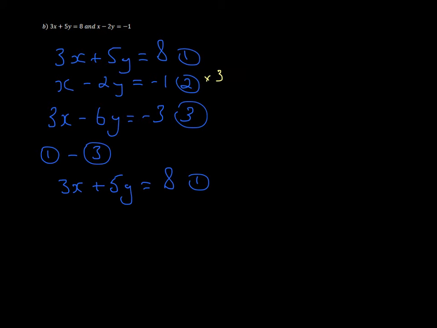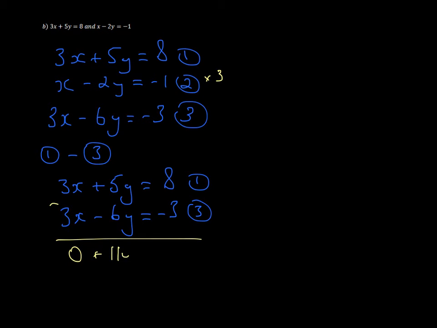Equation 1. Equation 3. And we're going to subtract them, we said. So 3x minus 3x is 0. 5y minus negative 6y is positive 11y. 8 minus negative 3 is 11.